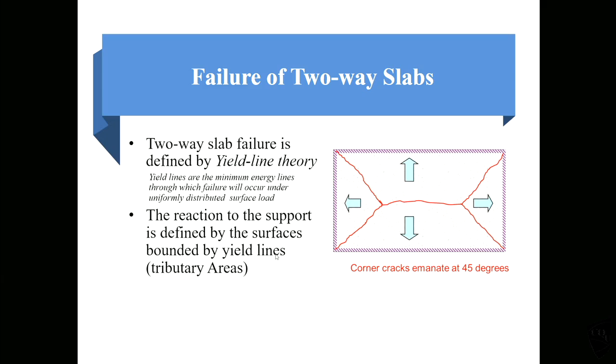Yield line is basically the weakest line, the weakest energy line, through which the failure will occur. Generally the red lines are the weakest energy lines. So in a two-way slab the cracks will happen in those zones.